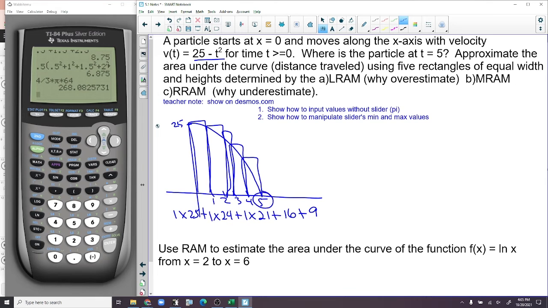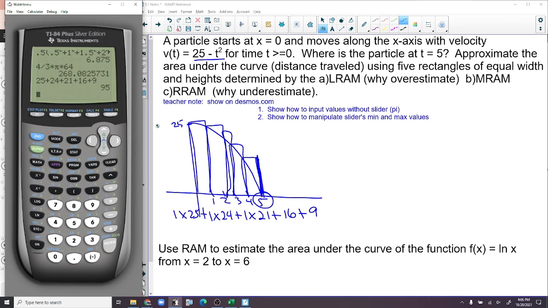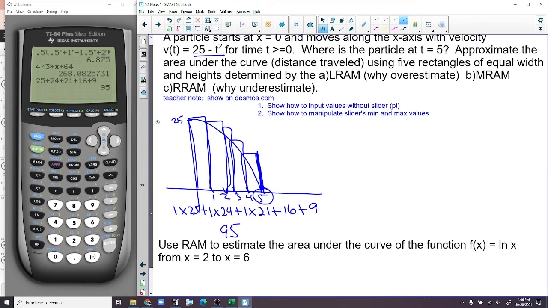I'm not going to plug 5 in, because that's over on the right. That's not a height under the curve. So 25 plus 24 plus 21 plus 16 plus 9. We get 95.